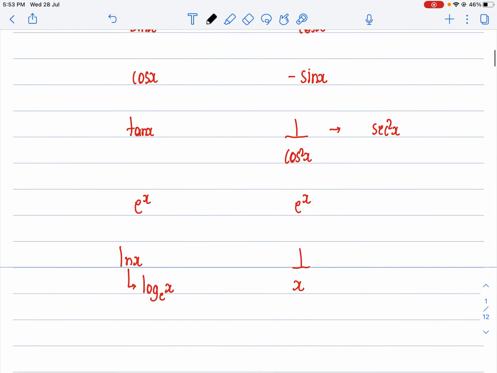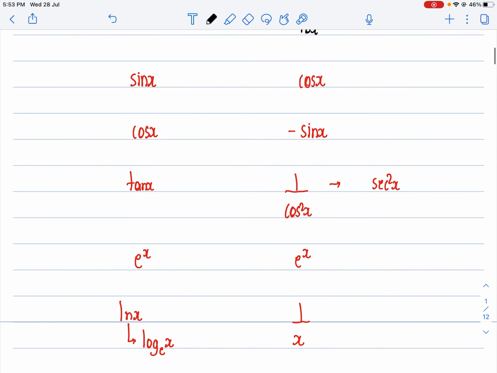And let's say if you get something like the differentiation of 6 sin x, or if it's a constant multiplied by the variable, just differentiate the variable and multiply it to the constant.